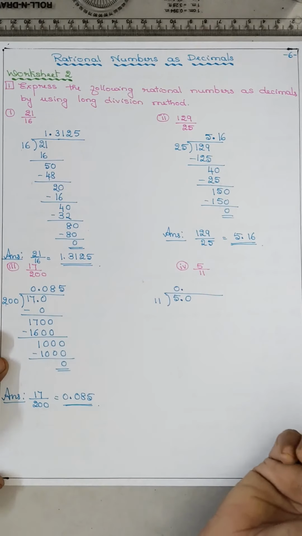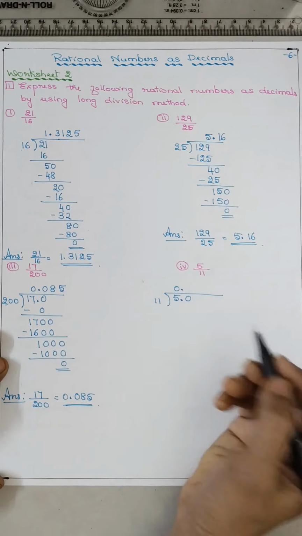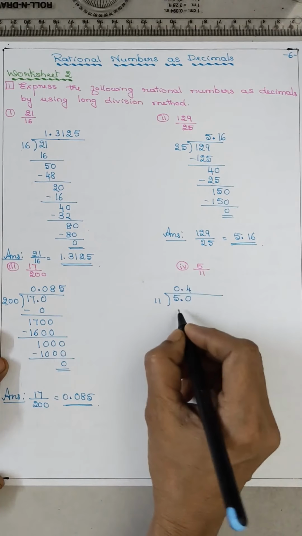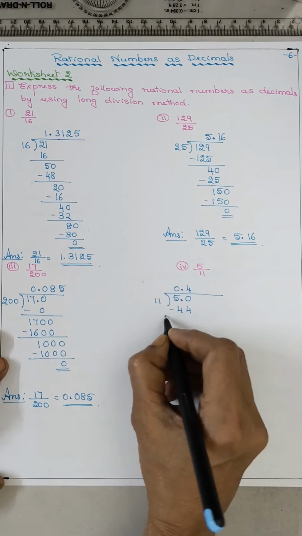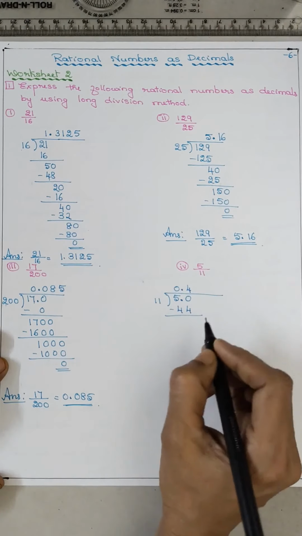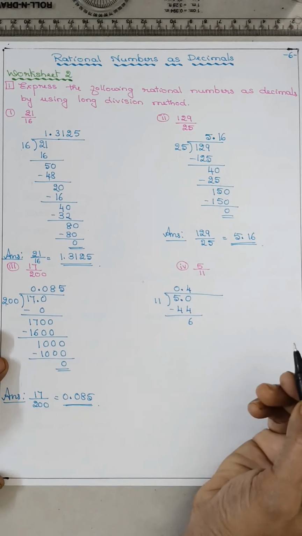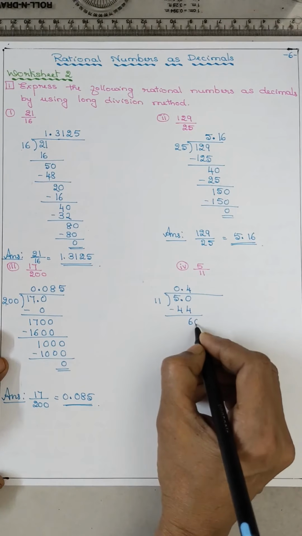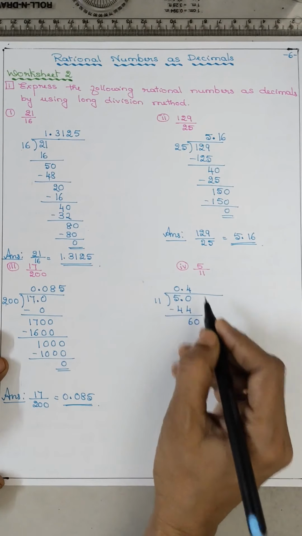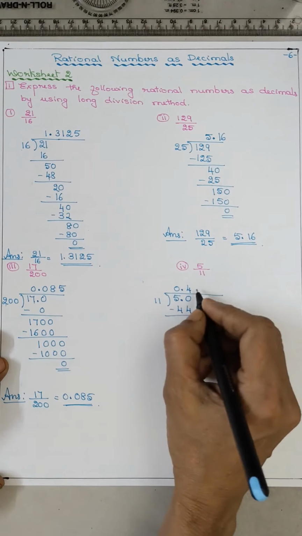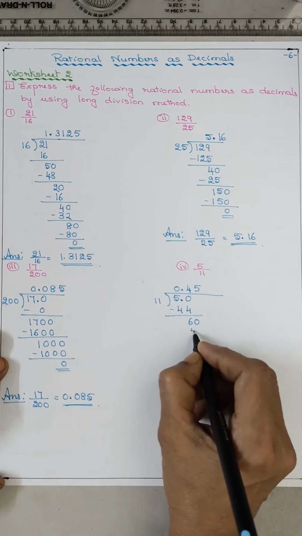Just like here. 11 how much are 50? 11 4s are 44. 10 minus 4, 6. 4 minus 4, 0. Take extra 0. 11 how much are 60? 11 5s are 55.